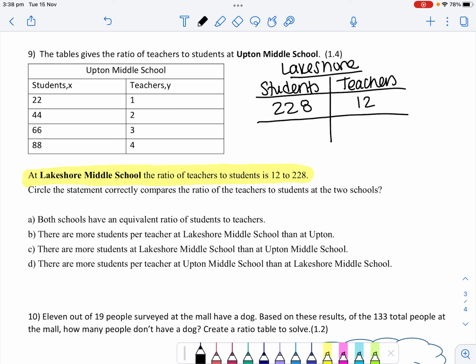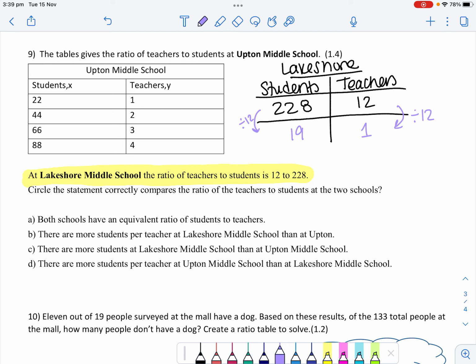But I can simplify my table on the right. I think that 12 goes into 228. So I'm going to look at my multiplication chart. So 12 goes into 228 19 times. So this is going to be 19, and this is going to be 1.